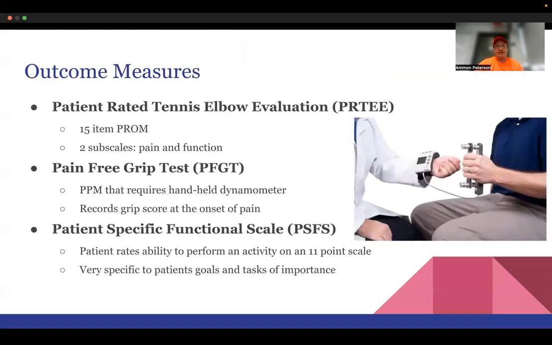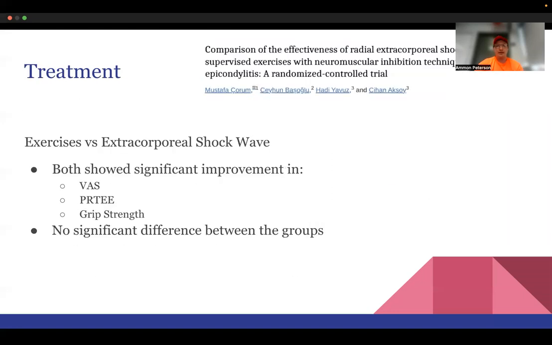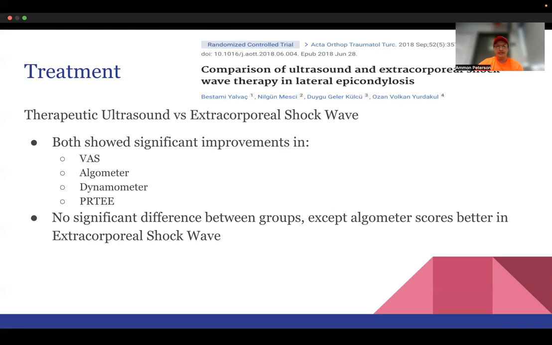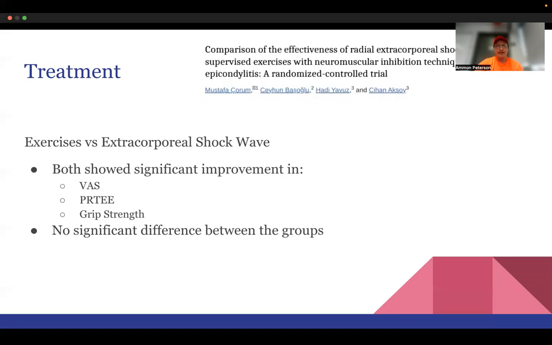And the next study was between exercises and extracorporeal shockwave. In this one, there were 50 patients, 25 of them had the extracorporeal shockwave. It was once a week with 1.8 bar pneumatic pressure, 10 hertz frequency, and 2,000 pulses.